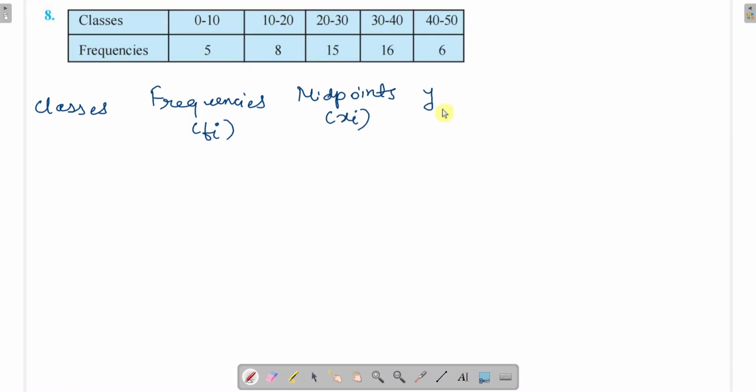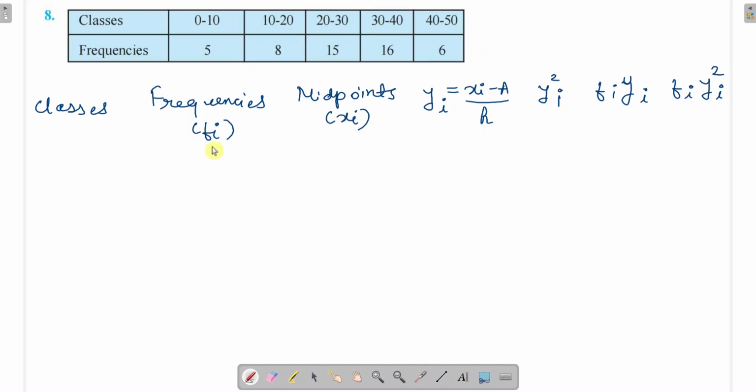Then again we will use the step deviation method, yi equal to xi minus a divided by h, then yi square, then fi yi, and fi yi square.